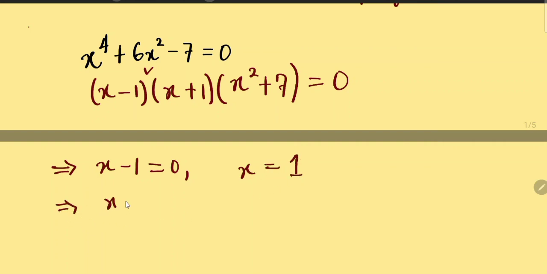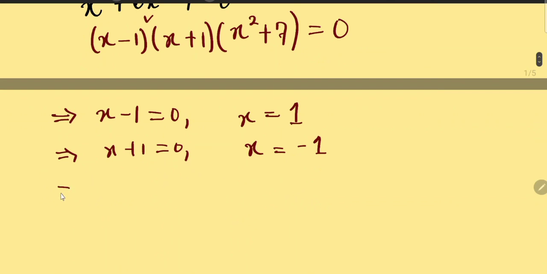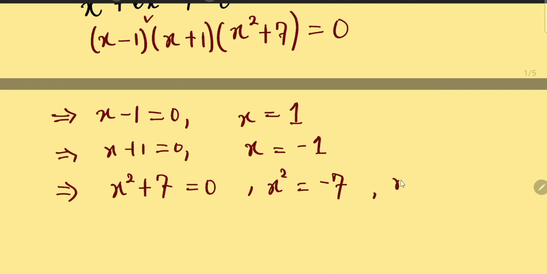Likewise, x plus 1 equal to 0. Definitely our x will be equal to negative 1. Also x squared plus 7, that's not factorizable, so it means our x squared will be equal to negative 7, and therefore our x will be square root of negative 7, and the square root of negative 7 will be root 7i.